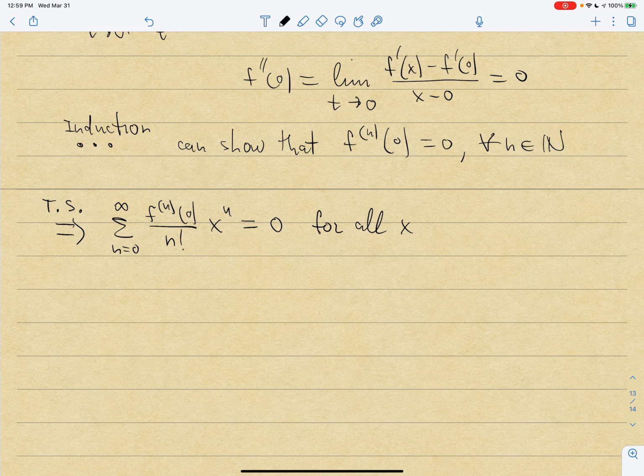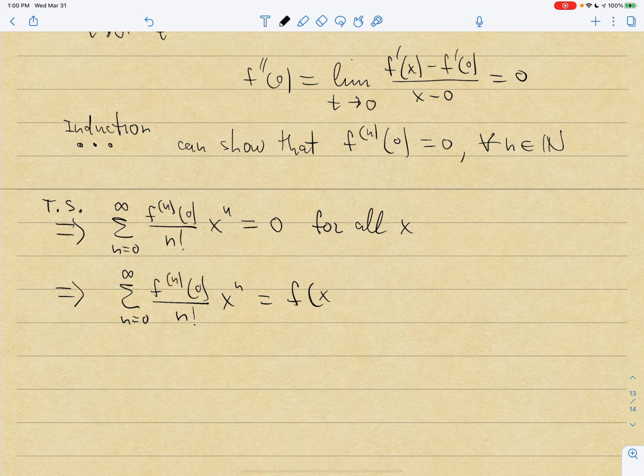But then, so therefore, the sum from 0 to infinity of f nth of 0 over n factorial x to the n is equal to our f of x only at x equals 0 and nowhere else.